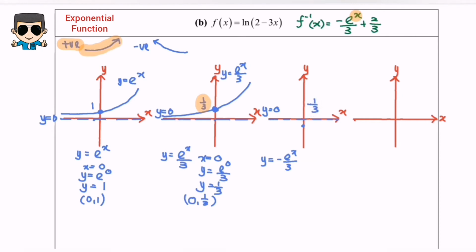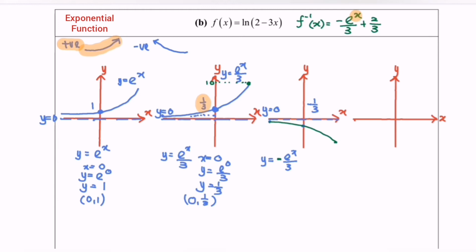Let's imagine the value of y is 0.1; if we multiply with negative, it becomes negative 0.1. Take another example: if the value of y is 10, multiplying with negative gives negative 10. So our graph will be something like this, and we name it y equals negative e to the power of x over 3.